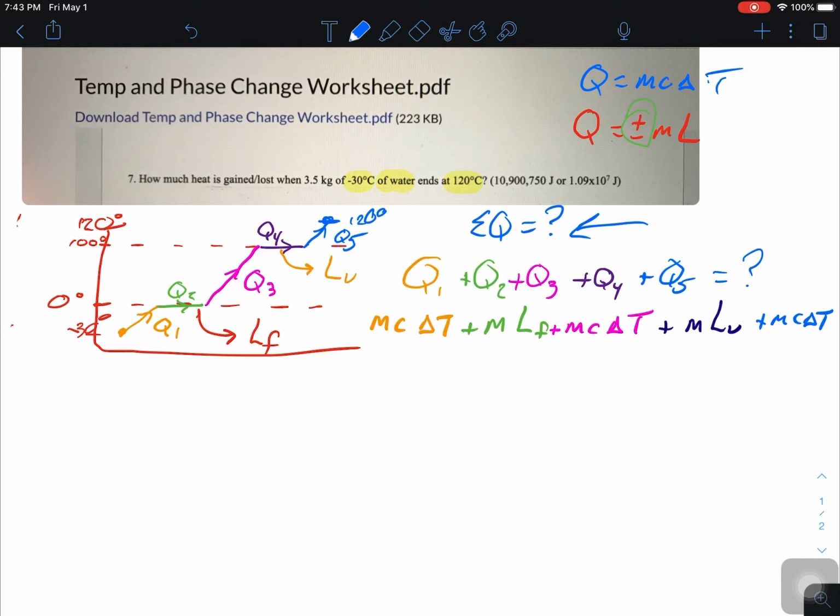Now, the thing we got to keep in mind is these all are different substances that have different specific heat values. So right here is ice. So that's the specific heat of ice, and that is 2090 for a C. Okay, right here, the C of liquid water for Q3 is 4,186.